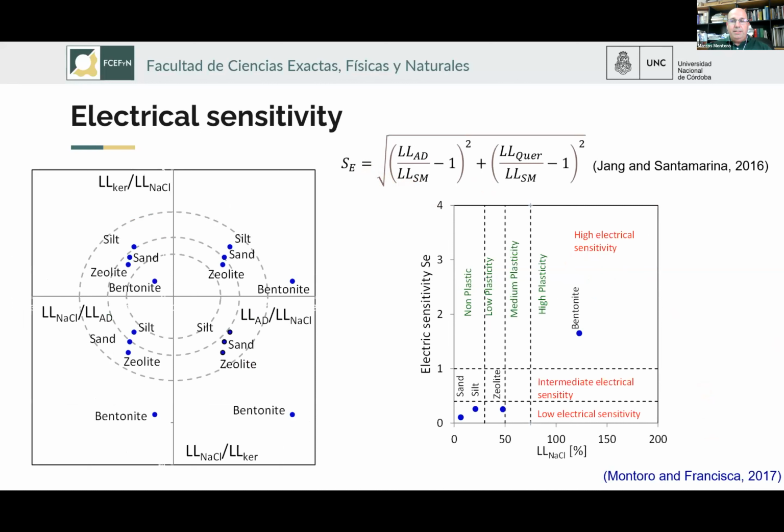From these results, it is clear that bentonite particles behave as high plasticity and high electrical sensitivity material for which important differences are expected when in contact with water, ionic solutions, and NAPLs. Then we found zeolite particles and silt particles, where the behavior expected will show differences, but with less impact than the expected for the bentonite particles.